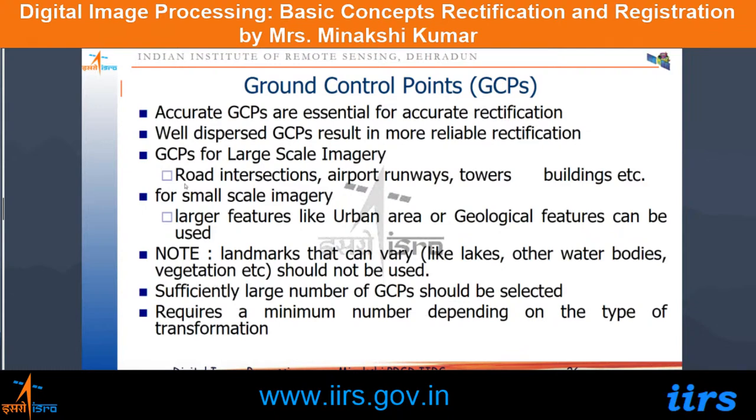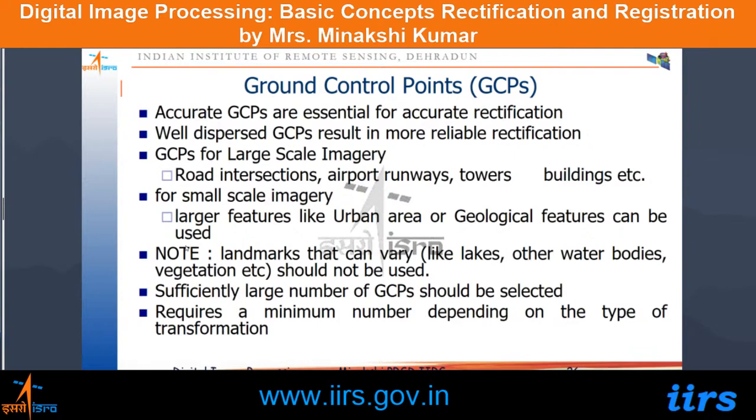If you have very high resolution imagery, you can find road intersections, corners of buildings, airport runways, even markings on airport runways. But if you have low or medium resolution imagery, you have to take larger features like a large urban area or certain geological features.